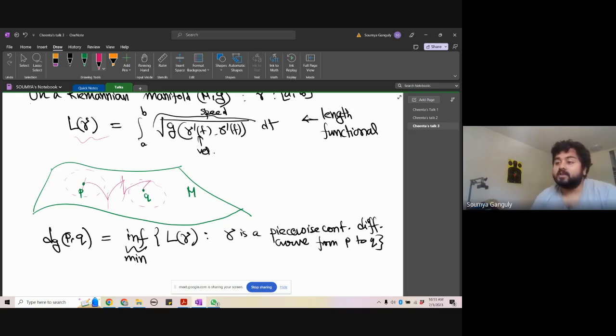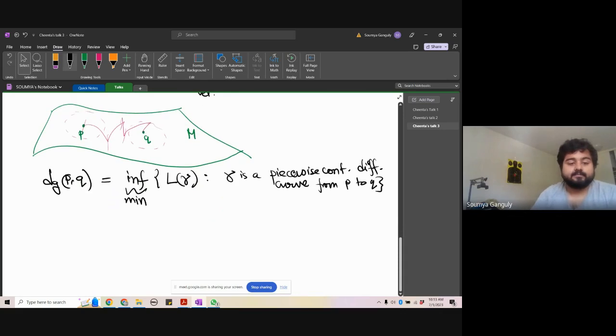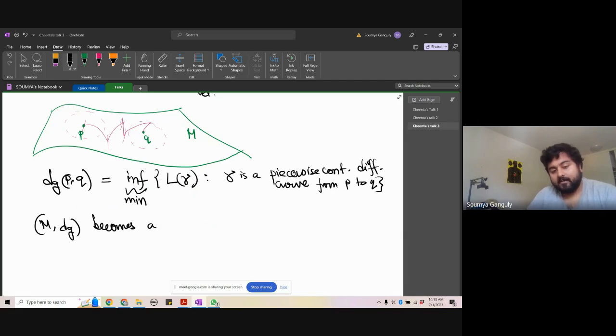You can prove this is a distance function. There are certain properties for a distance function to hold, and you will see that all these properties are satisfied, and thus with this distance function, (M, d_g) becomes a metric space. Metric space means it is a space or a set where you can measure the distance between 2 points.